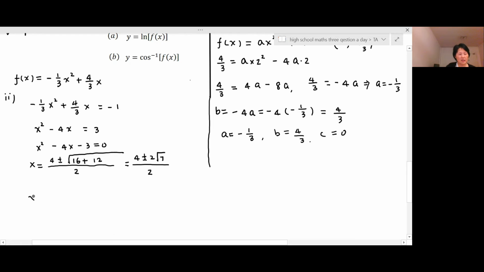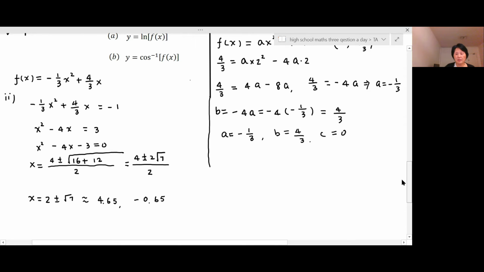So x will be equal to, simplifying, 2 plus or minus root 7. 2 plus root 7 is around 4.65. So another one will be 2 minus root 7, which is minus 0.65.